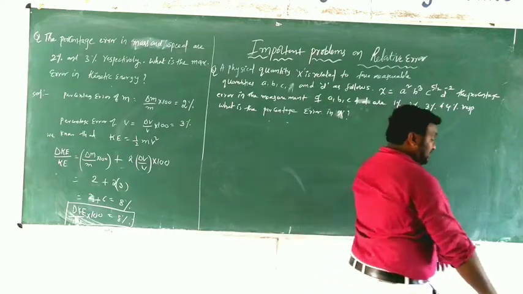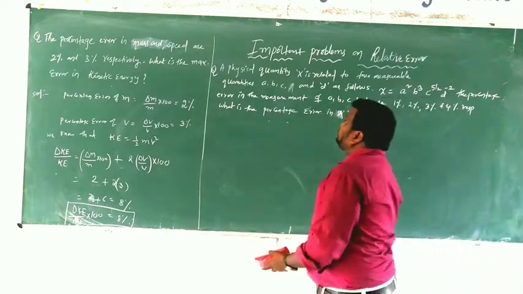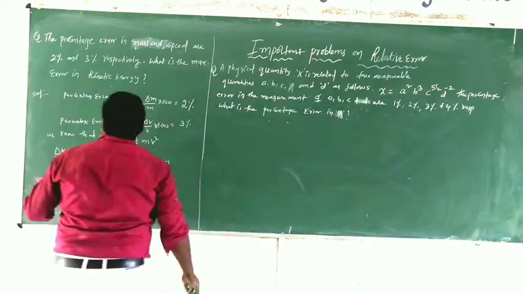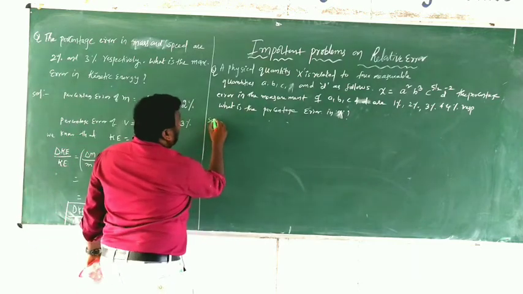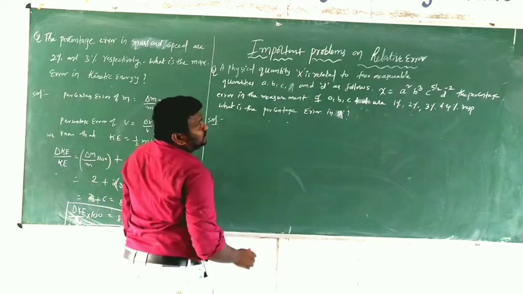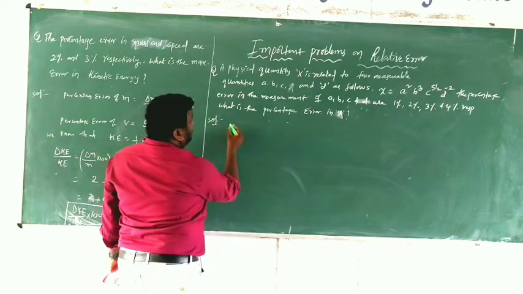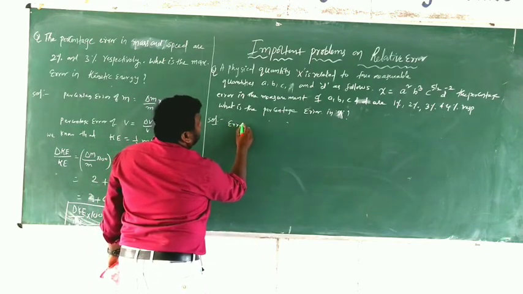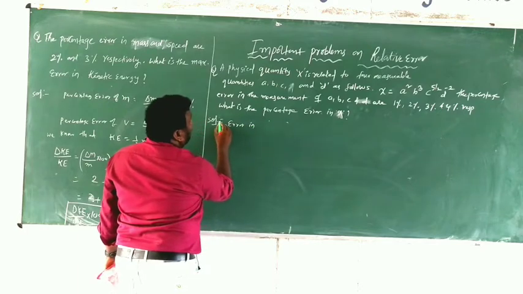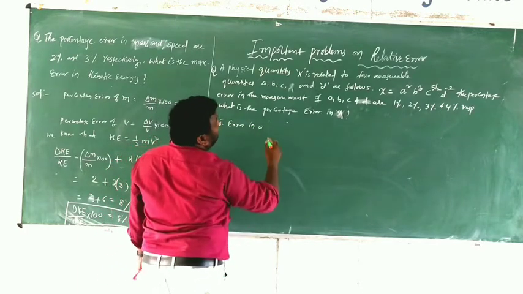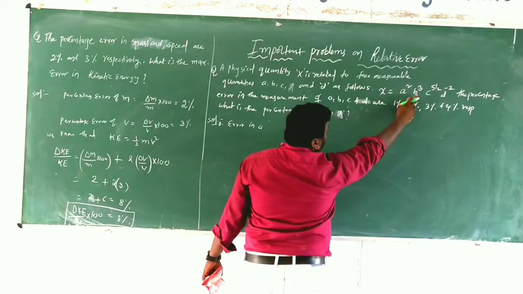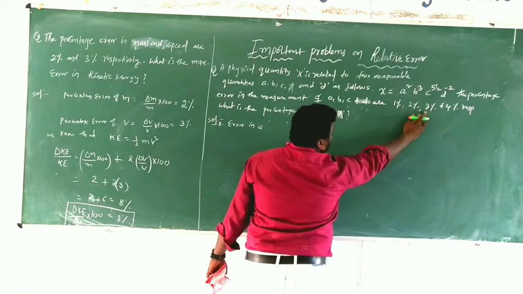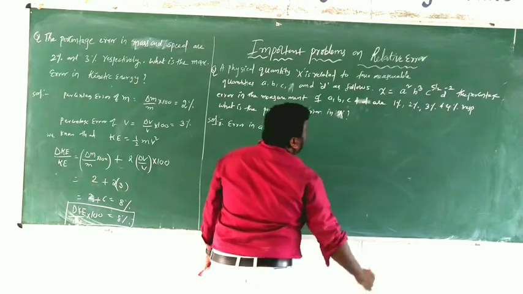So we have to find that. Now I am writing first the given values. Here, the relative error in A is 1%, B is 2%, C is 3% and D is 4%.